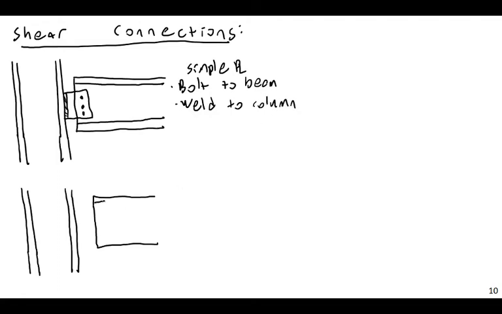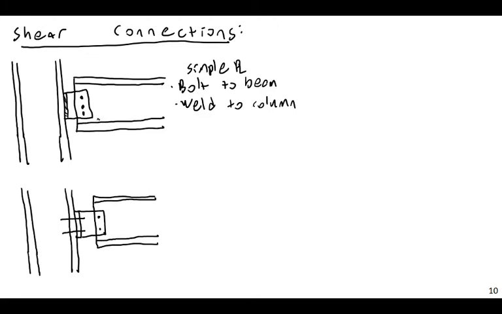Or alternately, and there are any number of ways we could do this, I'm just going to give you a couple, we could use a simple clip angle. I could literally use a small section of L shape, and then maybe I bolt it here, here, and here. So this would be a small L shape that I then just bolt to the column and bolt to the beam.